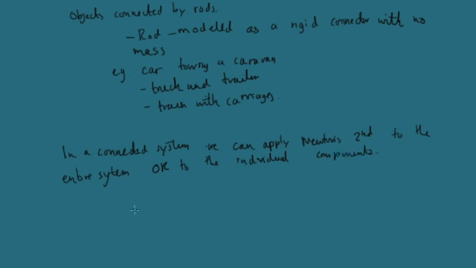So let's consider two, say, carriages, and they're connected by a rod, and we can have the tension pulling inwards. This is tension, and it pulls inwards.